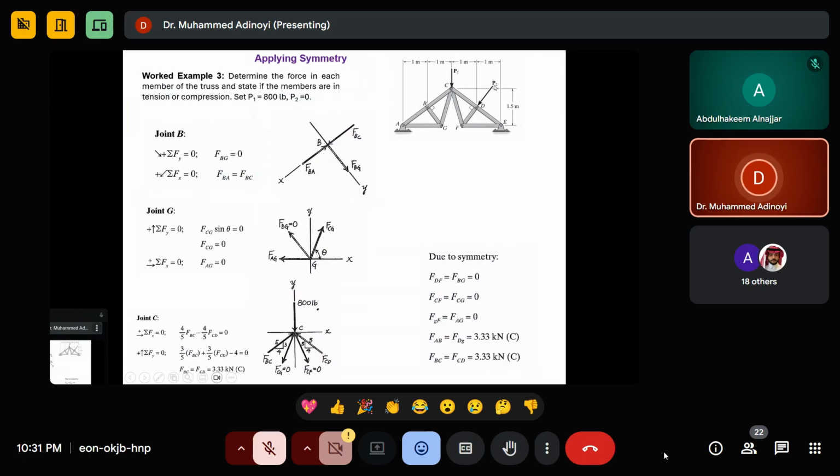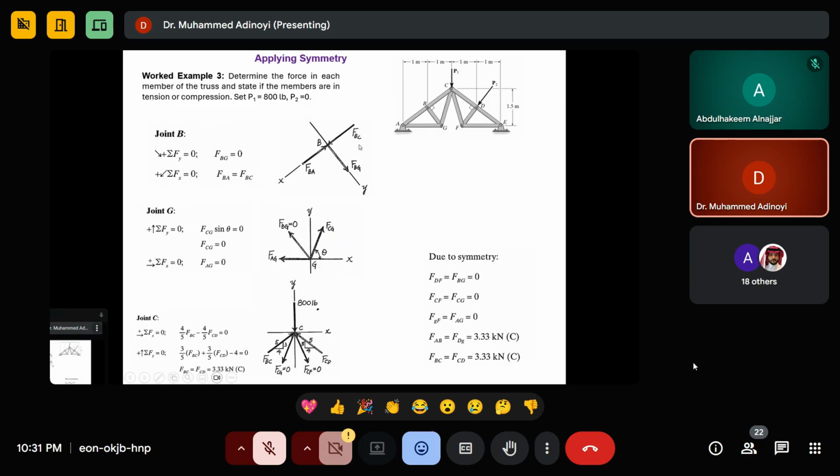If this guy is not zero, for this guy to be symmetry, I have to apply the same force. For example, if P2 is 5, for it to be symmetry, I have to apply 5 here also. So symmetry means both in loading and in shape. Not only in shape. It's both loading and shape.